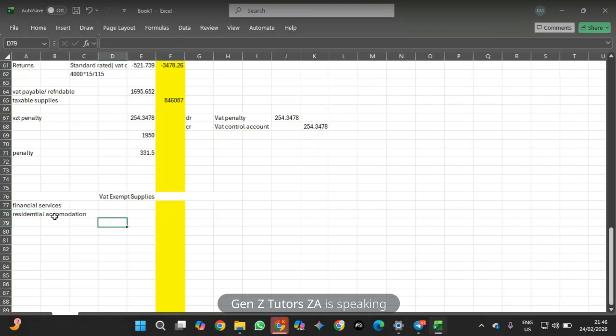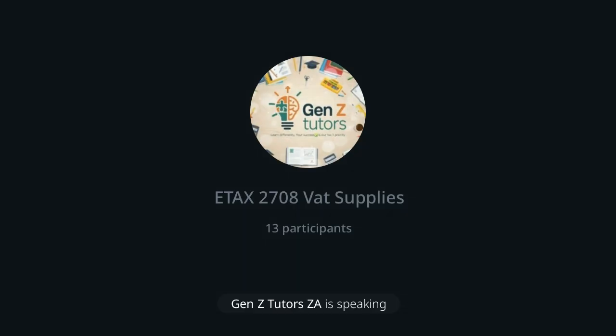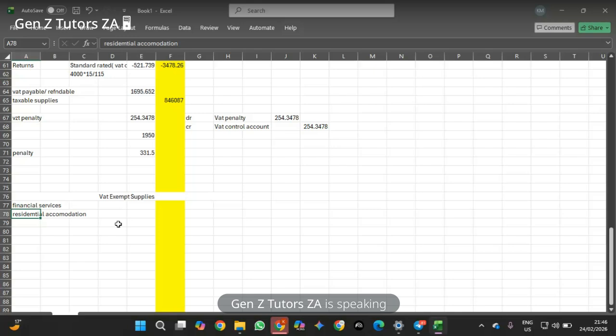Something like that. Then they also have commercial components. As long as people are frequently receiving supplies from a supplier.